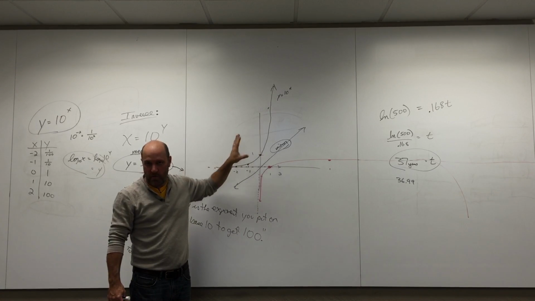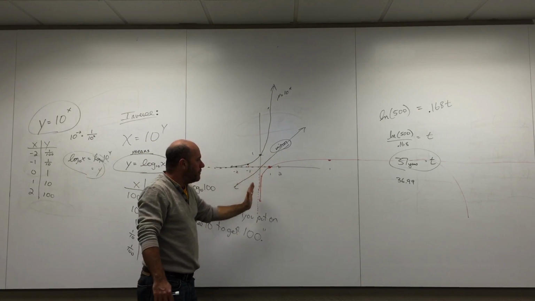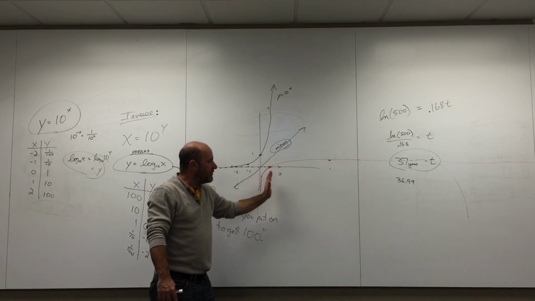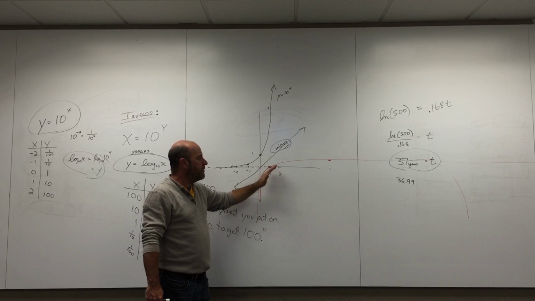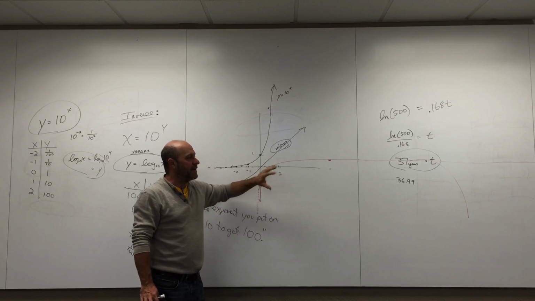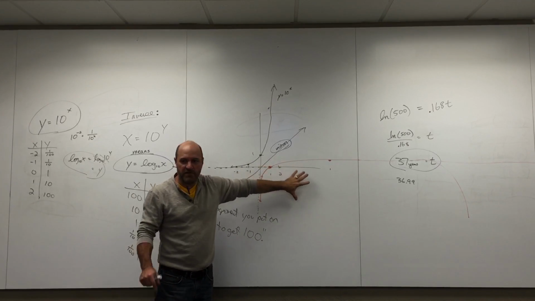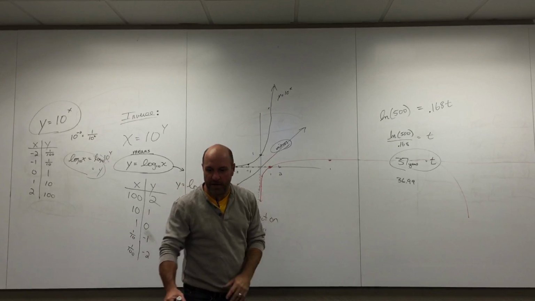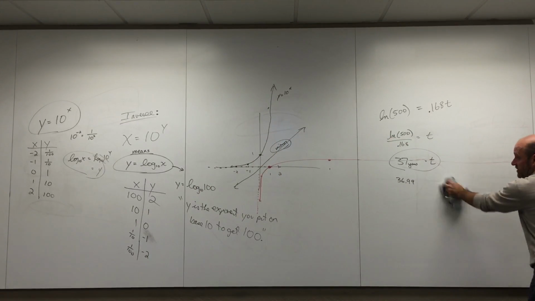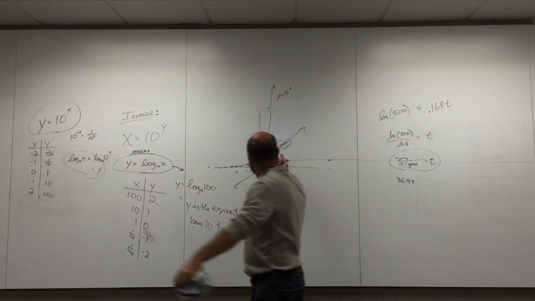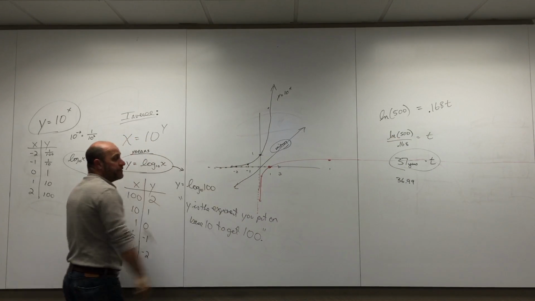There'll be a couple homework questions about this graph, like shifting it to the left or right. Graphing logarithm functions is not my big thing here, but understanding them and how to use them is. I wanted you to see one good graph and see that it's the mirror image of this one.